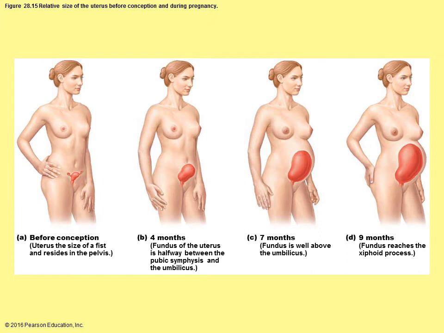At 4 months of the pregnancy, you can see that the uterus is having to increase in size to be able to accommodate the developing increased size of the fetus. By 7 months, the fundus, the top of the uterus there, is above her umbilicus. And by 9 months, the fundus typically has reached the xiphoid process.